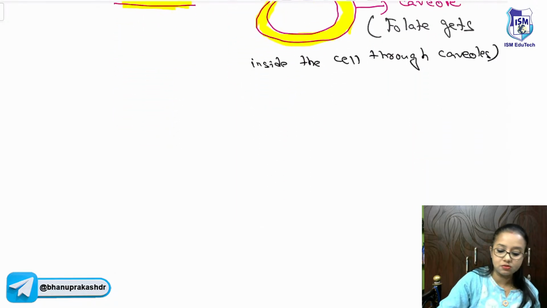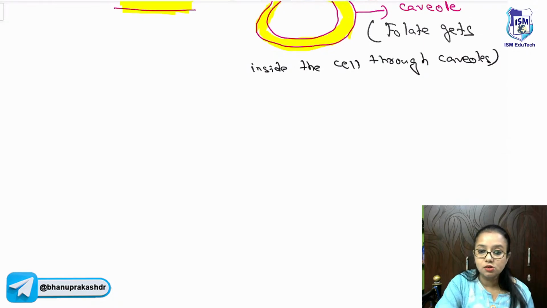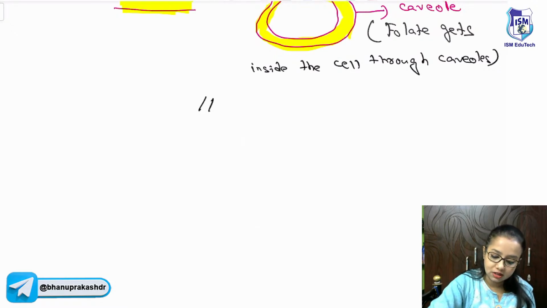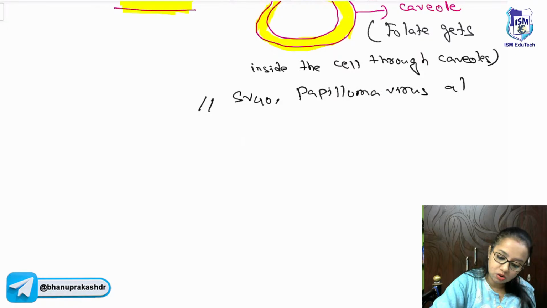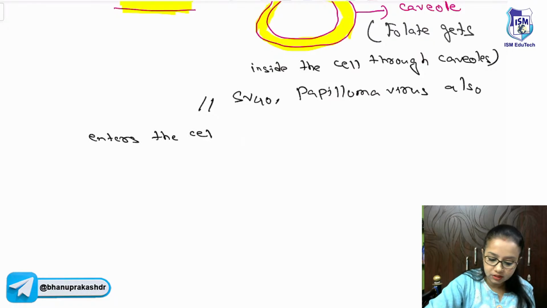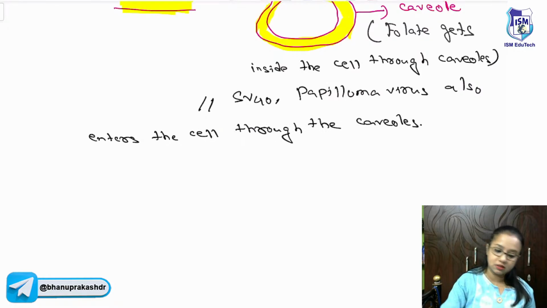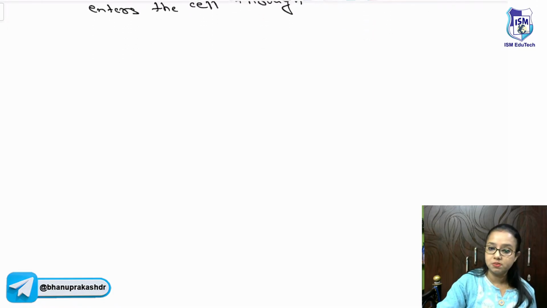It is through the caveolae that folate, which is essential for incorporation and maturation of the hemoglobin in the blood, enters the cell. And not only that, SV40 papilloma virus also enters the cell through the caveolae. These are the applied part of the physiology in context to this lipid raft.